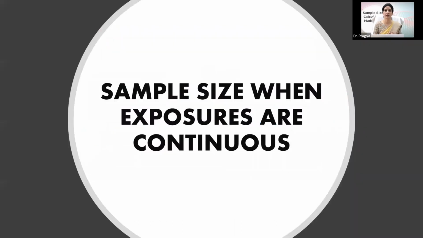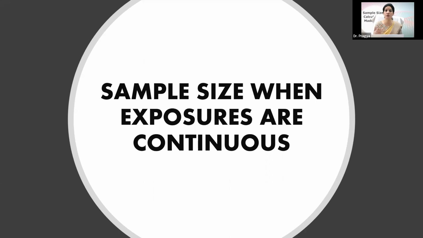So now this we discussed for the binary outcome, presence or absence, because both the exposure and outcome are binary. I will discuss only one situation by giving only one example, because I said that it is not a very common practice to use the exposure as a continuous variable in calculation of a sample size, but you will find a few articles where they have used continuous exposure.